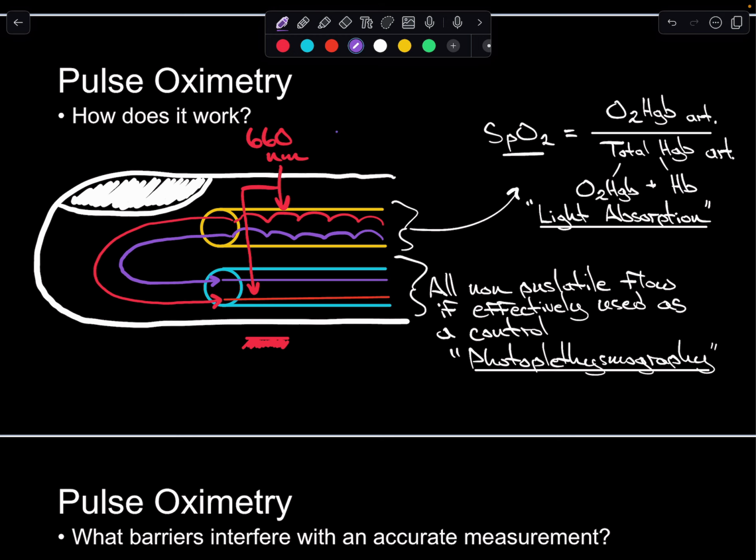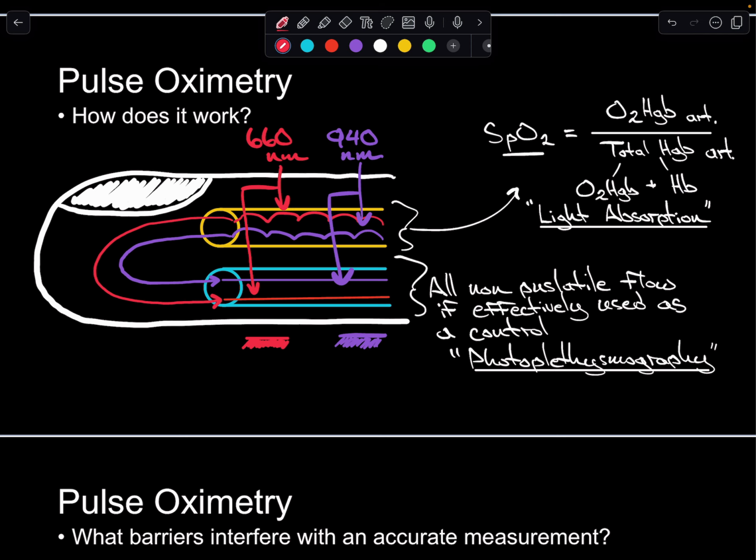And then you also have a light bulb that emits light at 940 nanometers of light, and it fires that down through the finger, and then it's detected on the bottom of the pulse oximeter.